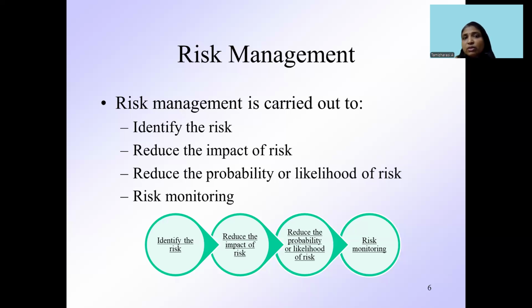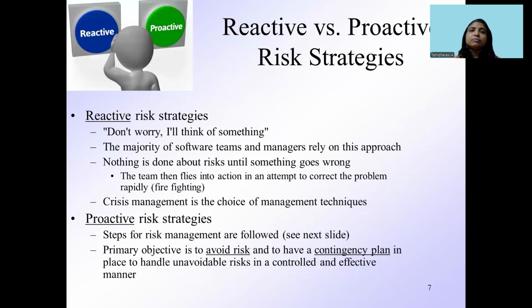These are the four things to be carried out. First, identify; then find out the probability of occurrence and the impact if it occurs. Based on that, you have to rank the risk, and then develop a schedule for monitoring the risk.